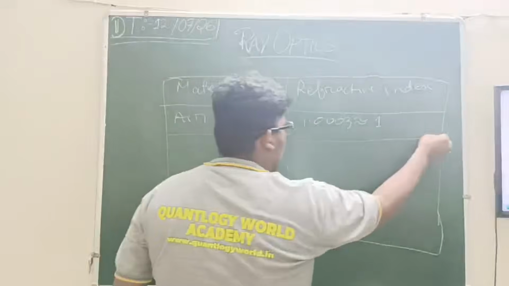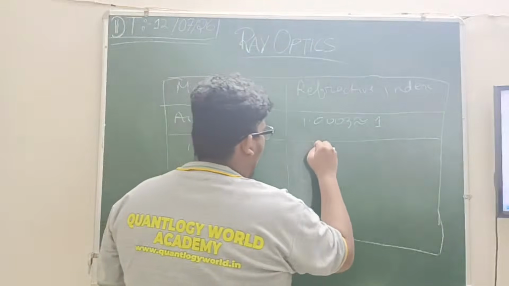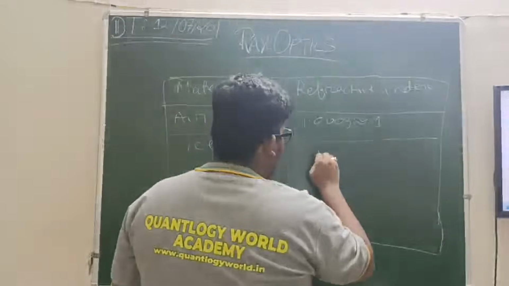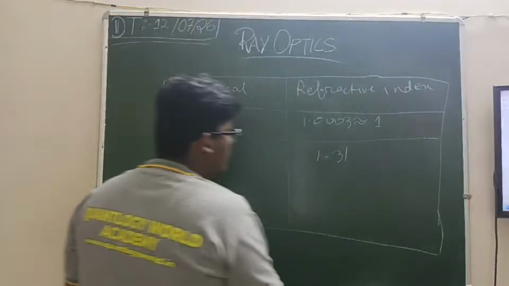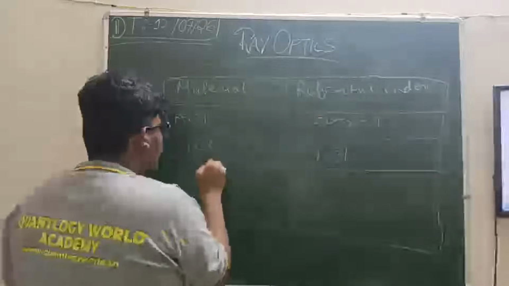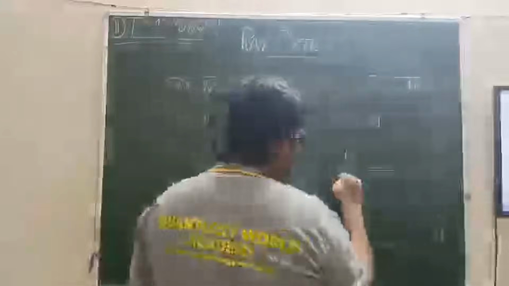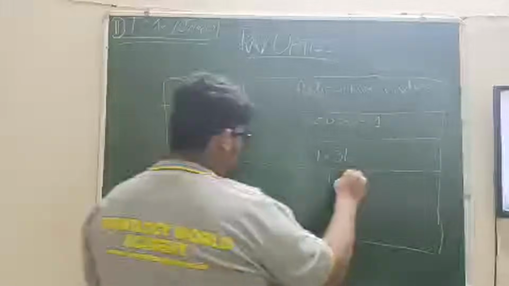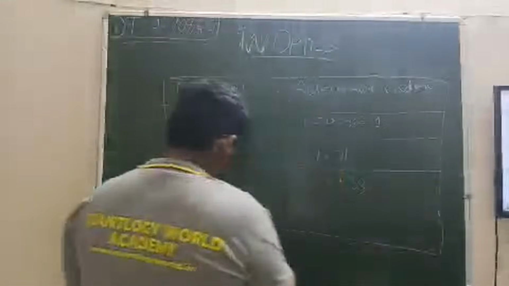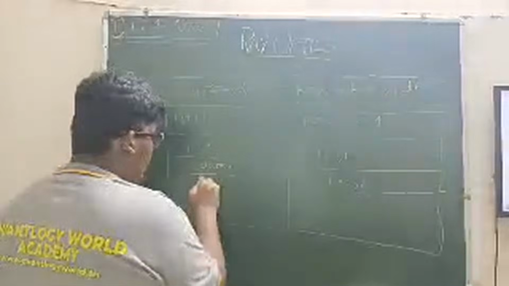Next, ice, it is 1.31. Then water. The refractive index of water and of ice are very close, as the refractive index of ice is 1.31 and of water is 1.33. Next is crown glass.